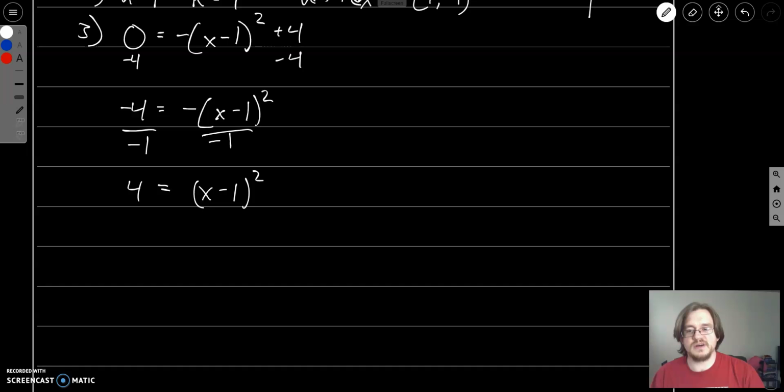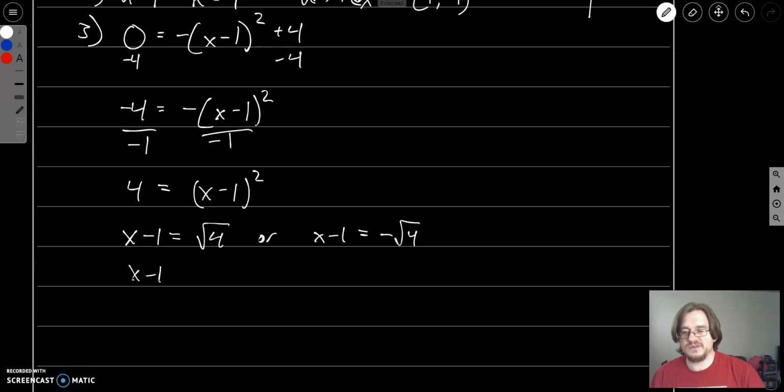So x minus 1 is either going to be the positive square root of 4 or the negative square root of 4. So we have two solutions, just like we expected. So x minus 1 is either going to be the square root of 4, or x minus 1 is going to be negative square root of 4.